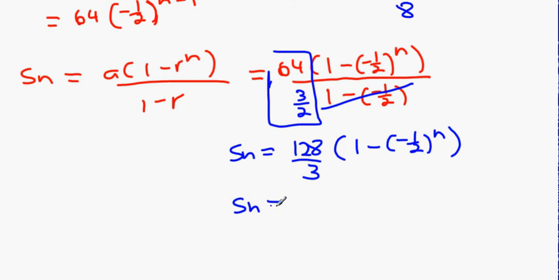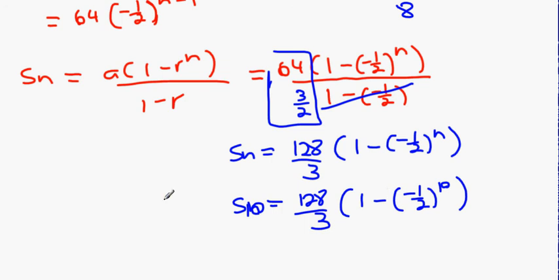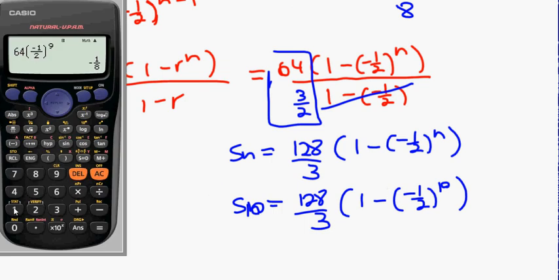So we get S10 equals 128 over 3 into 1 minus minus a half to the power of 10. So let's do minus a half to the power of 10 first.